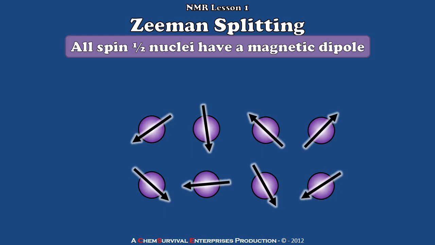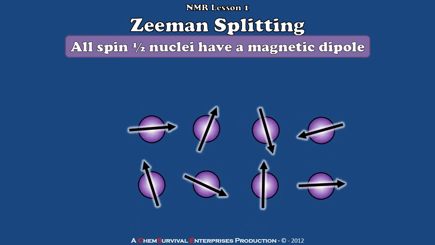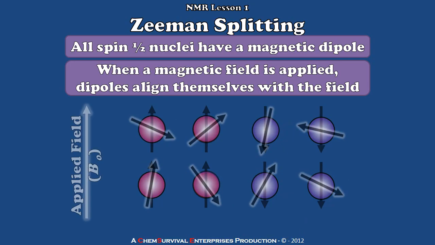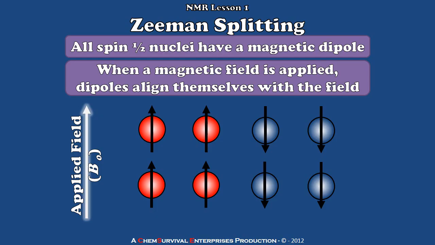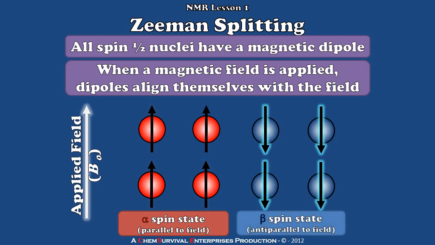Now, when we place a sample of these spin 1/2 atoms in an environment where there is no magnetic field, their magnetic dipoles simply align randomly. However, when we introduce a magnetic field, we see that they align themselves with that field in very special ways, either perfectly parallel to the field in what's known as the alpha spin state, or anti-parallel to the field, which is known as the beta spin state.